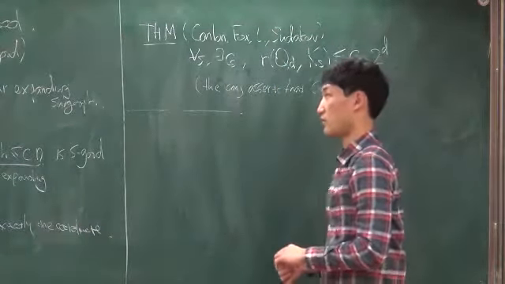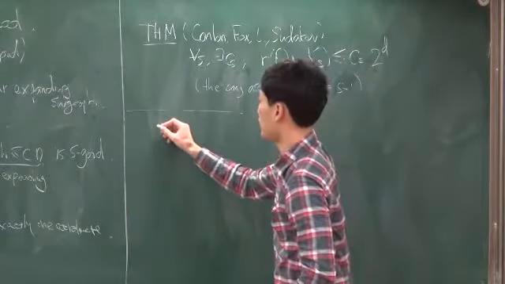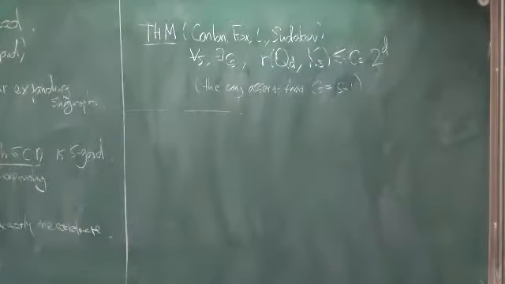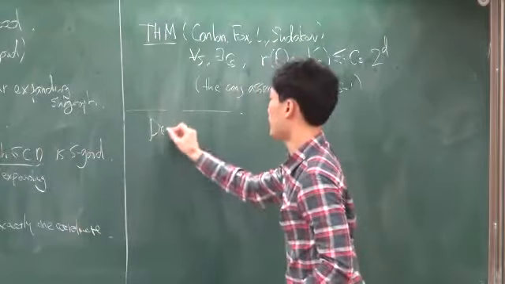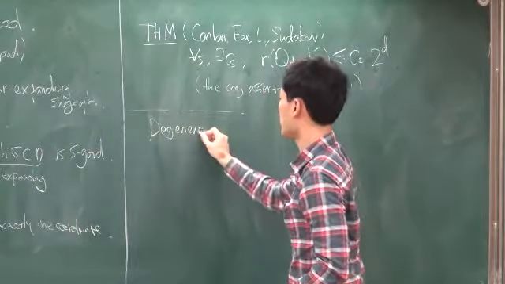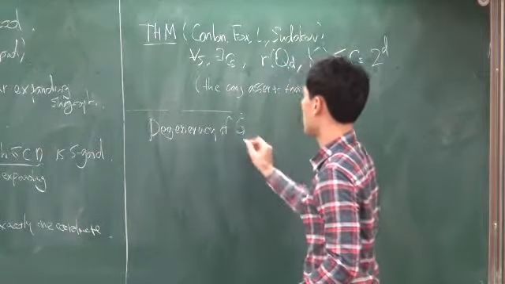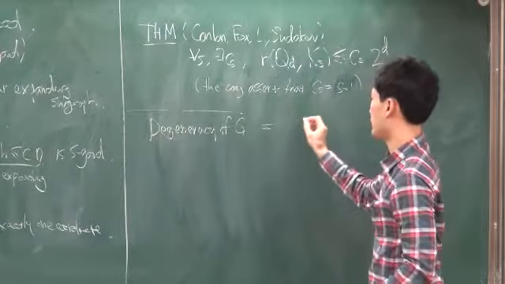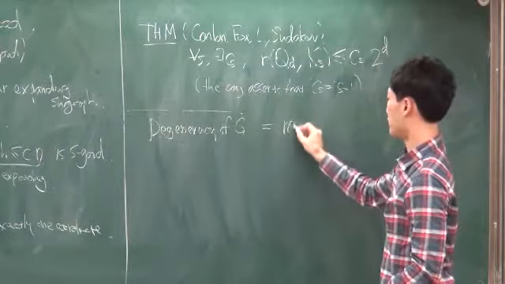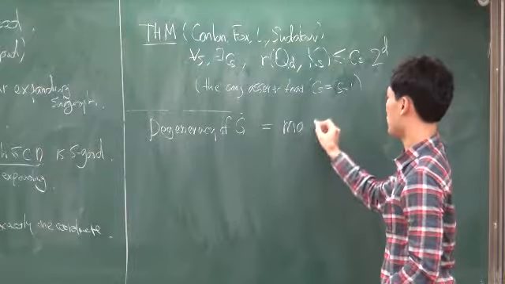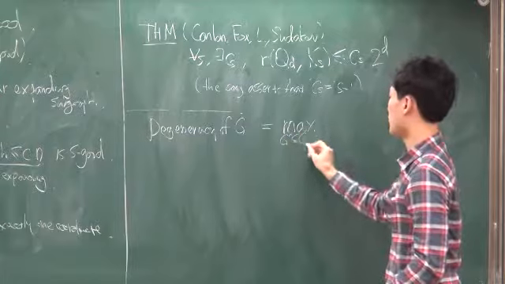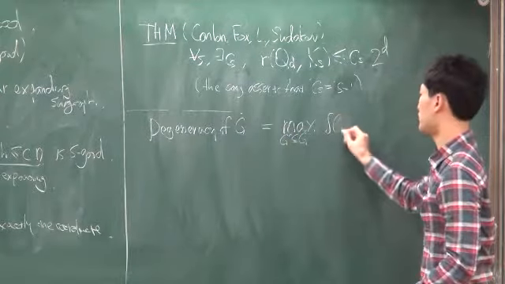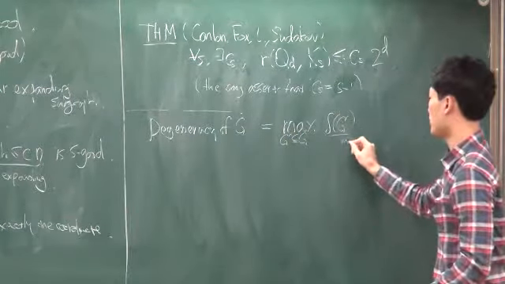So now, what we're going to study is the degeneracy of a graph, which is defined as the maximum over all subgraphs G prime of G of the minimum degree of G prime.